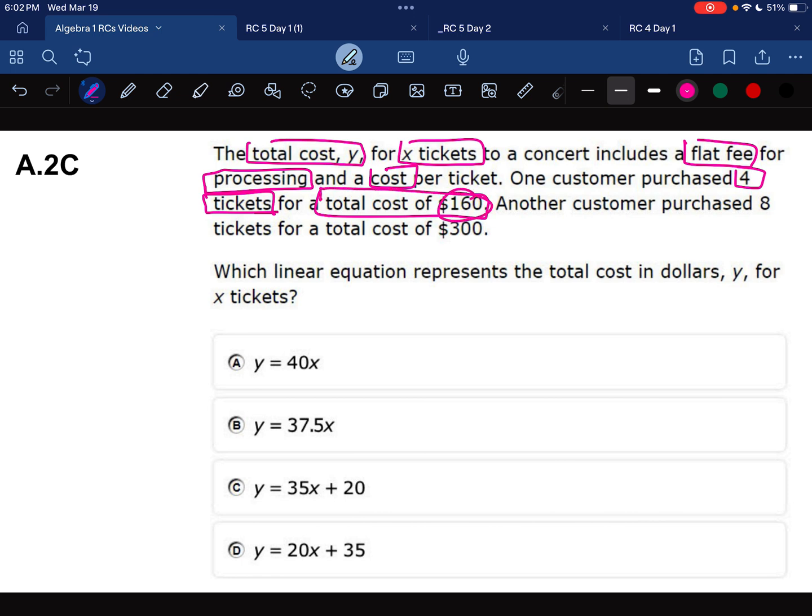I'm going to circle that number. And I should circle 4 tickets. Another customer purchased 8 tickets for a total cost of $300. First things first, we got 2 variables. We got an independent and we got a dependent.